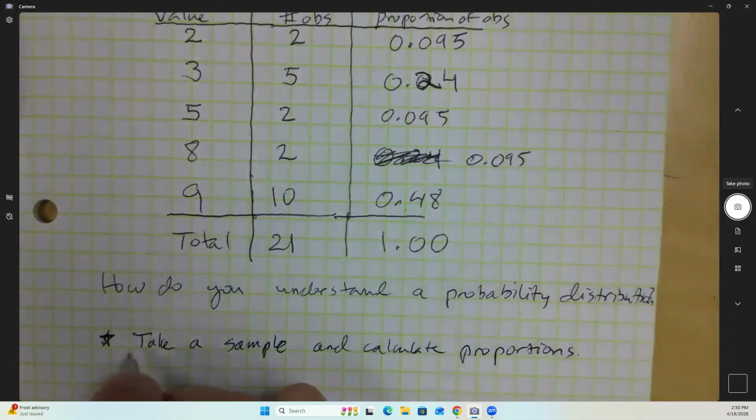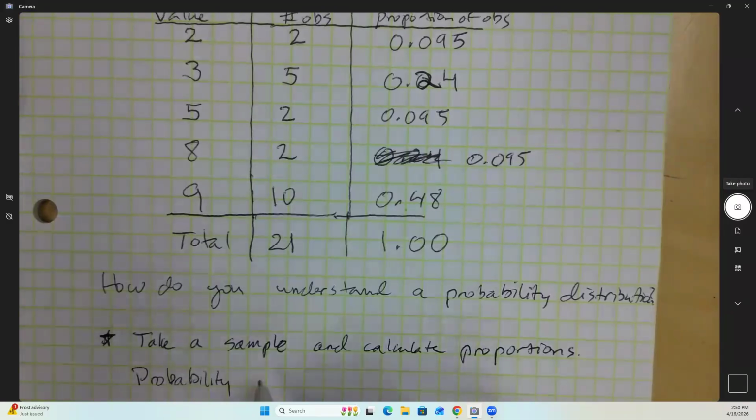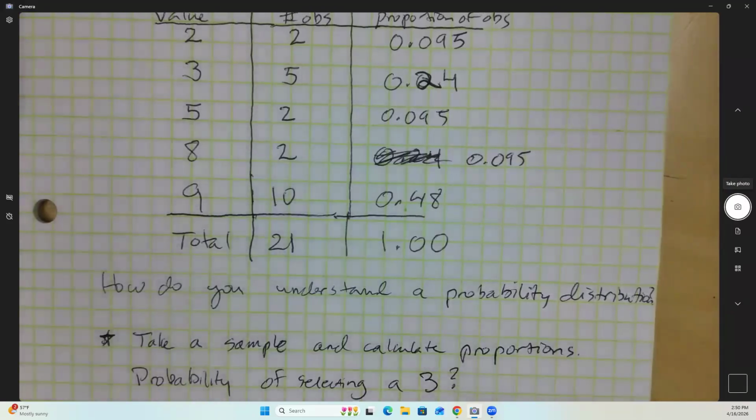Based on our relative frequency table, what do you think is the probability of selecting a 3? 0.24 or 24%.